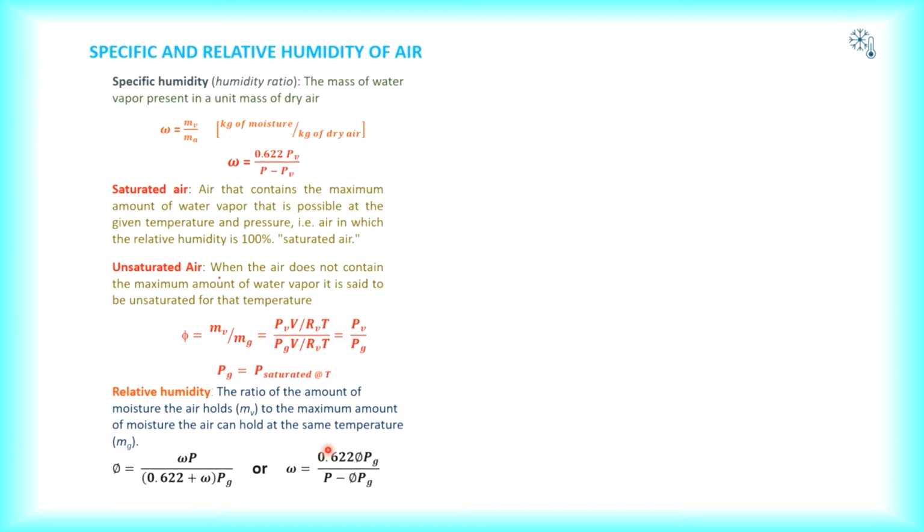RA is the specific gas constant, the characteristic gas constant for air, which is standard as 0.2871, divided by RV, the characteristic gas constant for H2O, which is 0.4619. You will get a value of approximately 0.622 or 0.623.